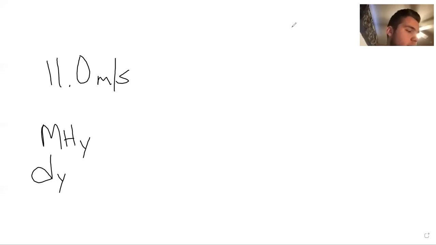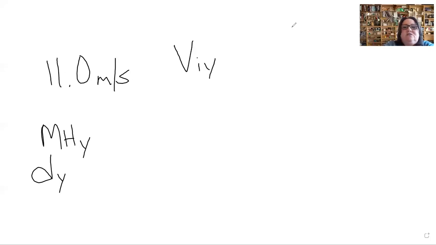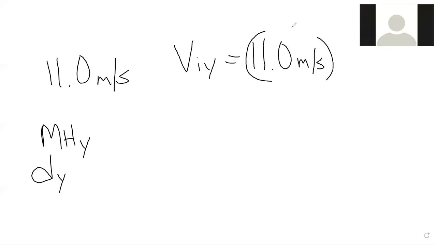This is like what we did in 4 and 5, isn't it? Very similar. What is our initial velocity on the y? Gianna, what are we going to use? Initial velocity.